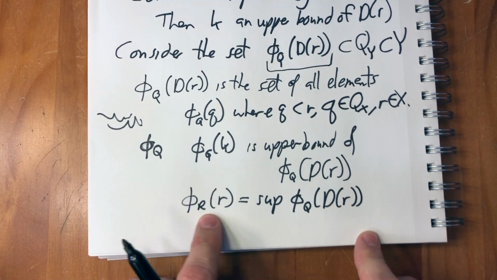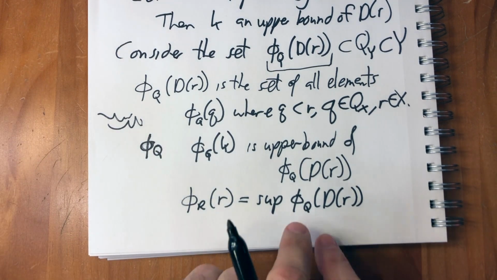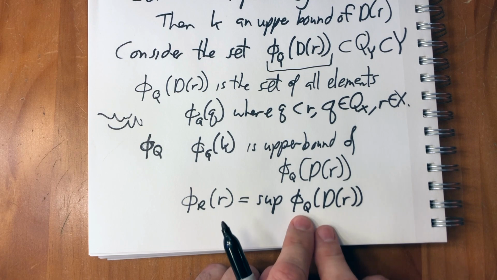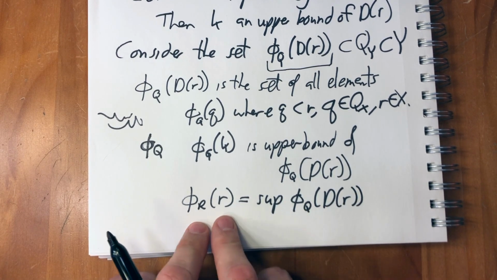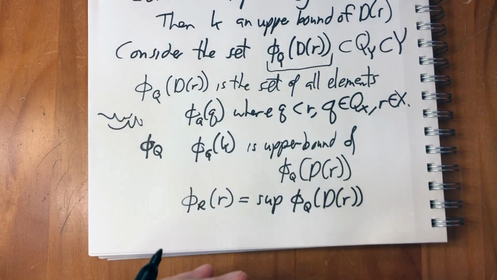That's what we're setting phi R to. So once again, just like we've been doing, we're extending the previous isomorphism. Last time we defined phi of Q. Now we're using phi of Q to define what phi of R means. And we're using Dedekind cuts basically to do that, and the least upper bound property.